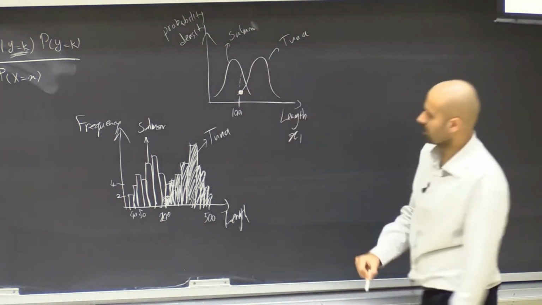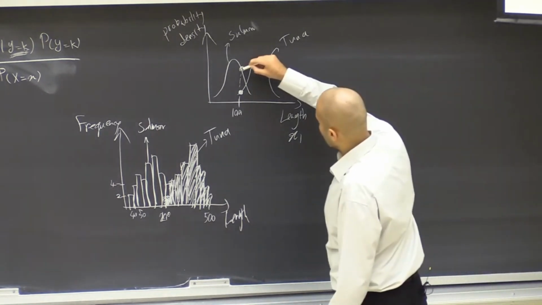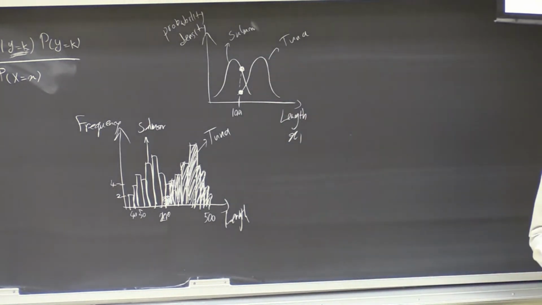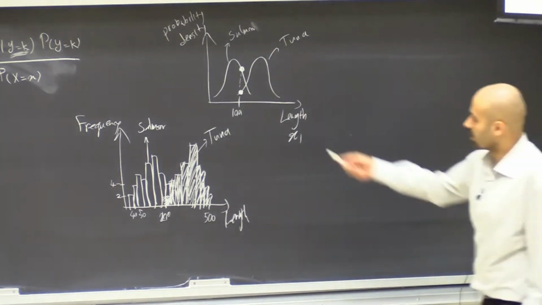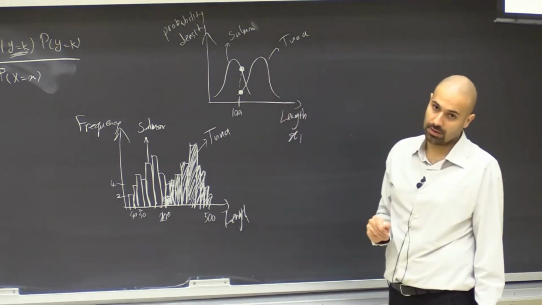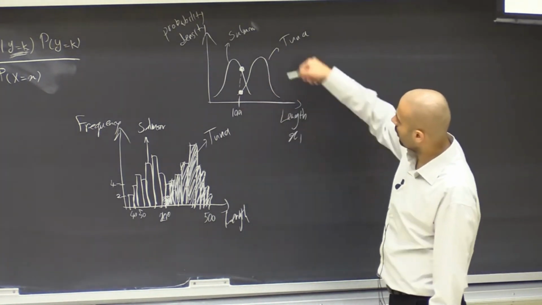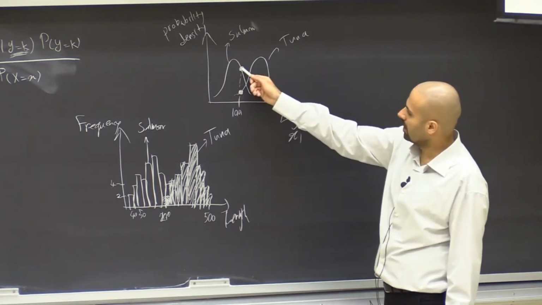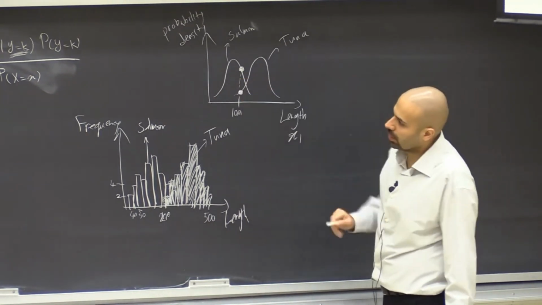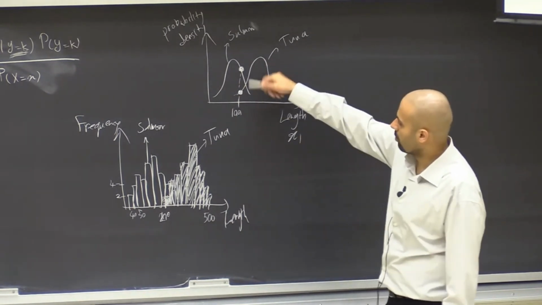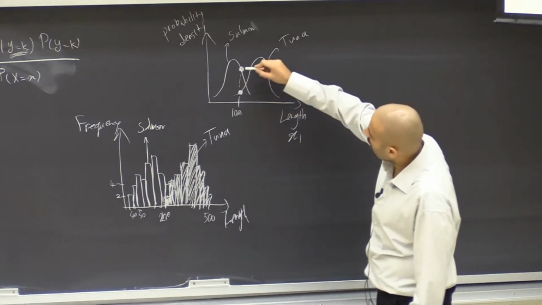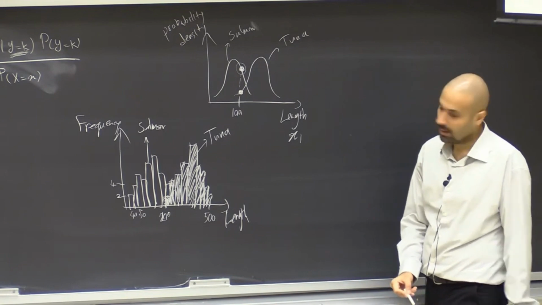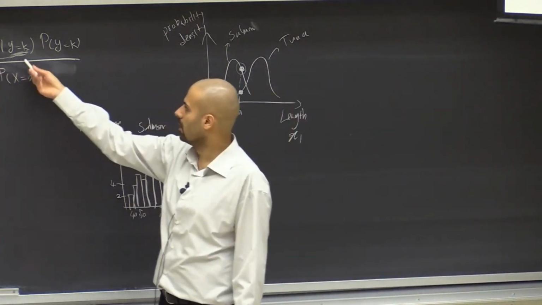This is the probability density of tuna being 100 centimeters, and this is the probability of a salmon being 100 centimeters. While both of them are possible, it's much more likely for a salmon to be 100 centimeters compared to a tuna, because in the distribution of tuna, 100 centimeters is quite an unlikely event, but for salmon, it's more likely. So Bayes' theorem says that we can calculate the probabilities by using this in the numerator, times the prior.